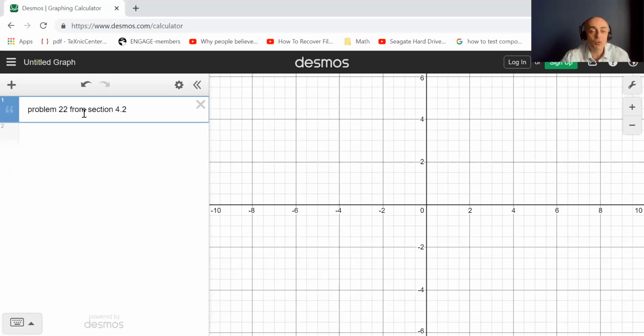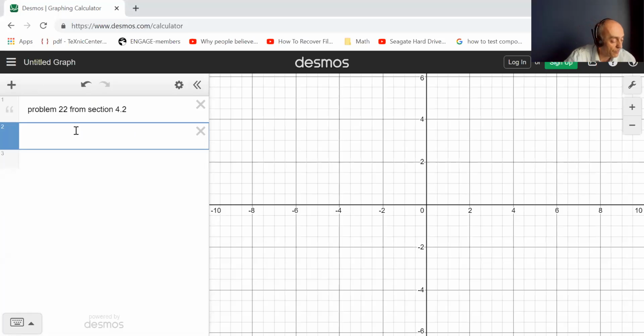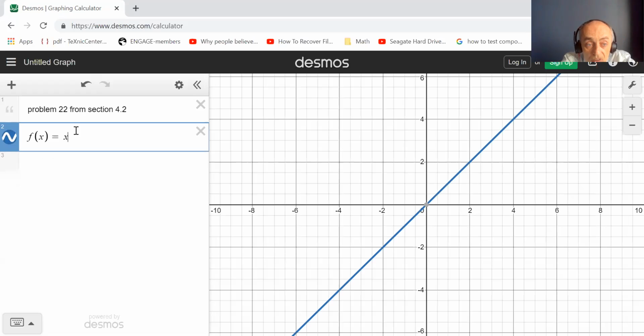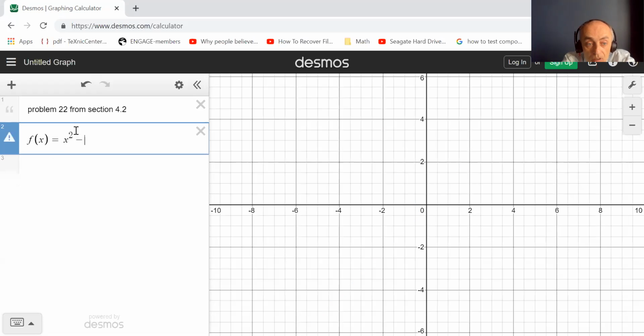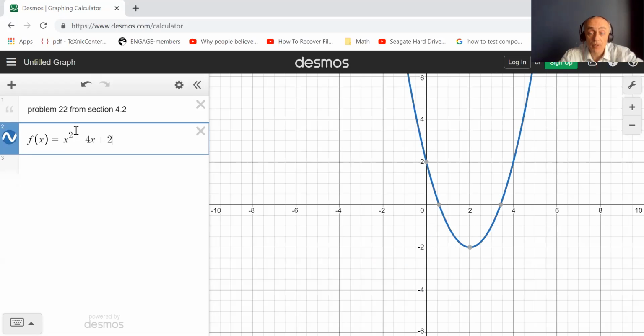This is problem 22 from section 4.2, and the problem says this function f of x equals, and my function is going to be x squared minus 4x plus 2. But I don't want the entire function, but rather a part of it, and that part is from 1 to 4.